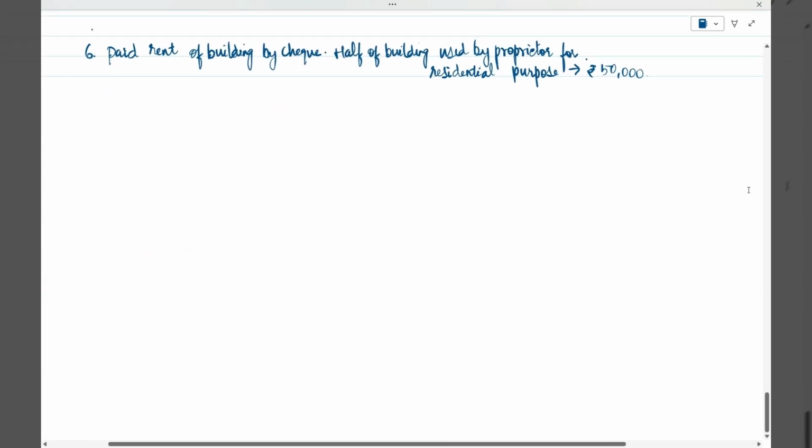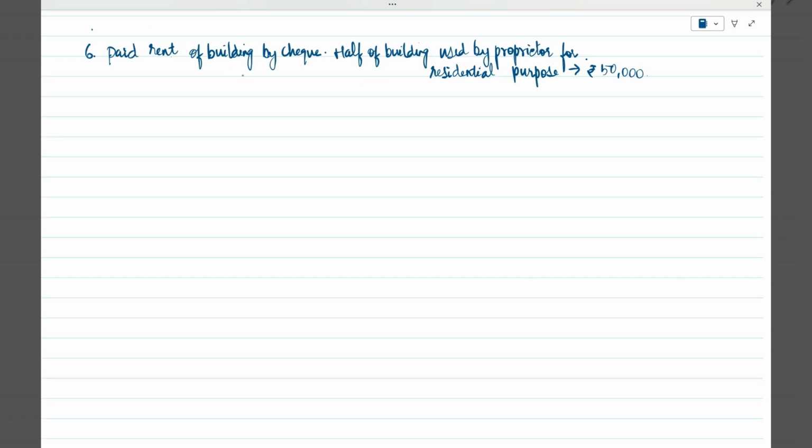Okay, this is the last entry which we are going to see in today's example, which is paid rent of building by check. Half of the building used by proprietor for residential purpose. Total is 50,000. So let us see the components. What are the accounts involved in this particular transaction? So one is paid rent. So there is rent account, in the form of check, that means bank account.